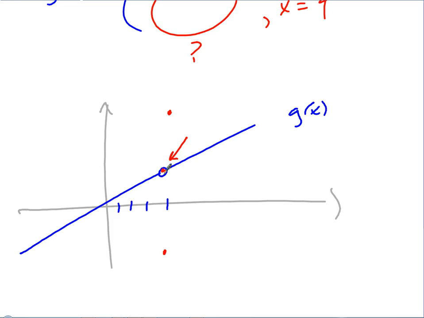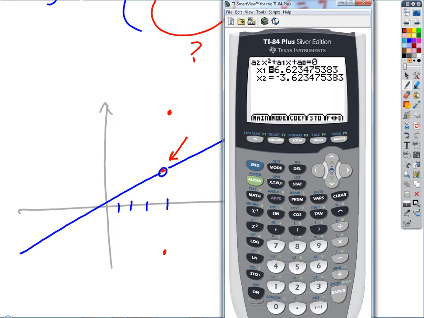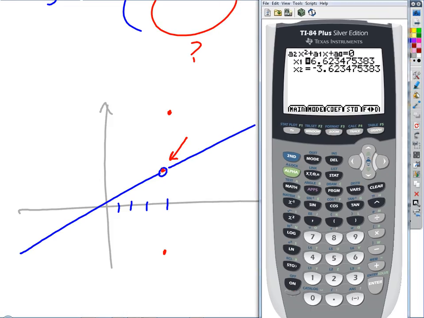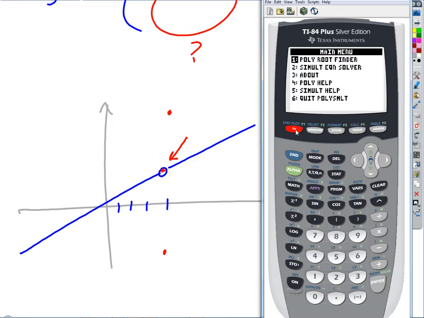Second calc value. Okay. I see what you're saying. We've got our graphing calculators available, so let's lean on them here a little bit, see what we can do. Now, the problem with that, I just need to get out of this, don't I? Main, quit.